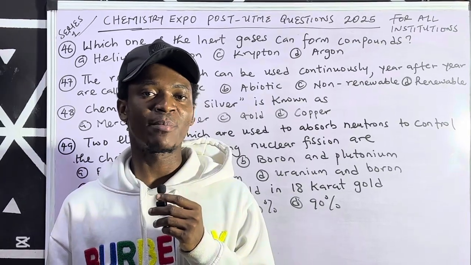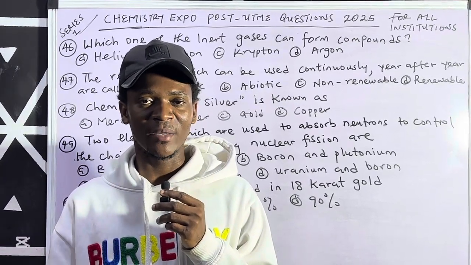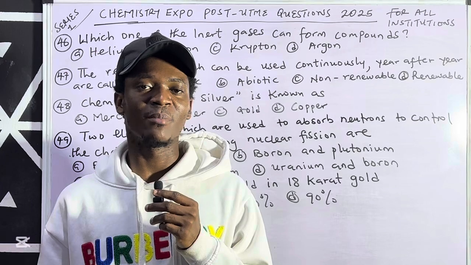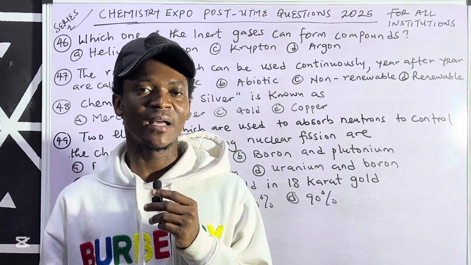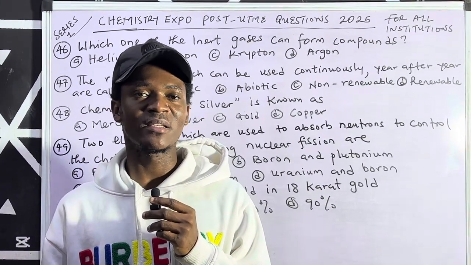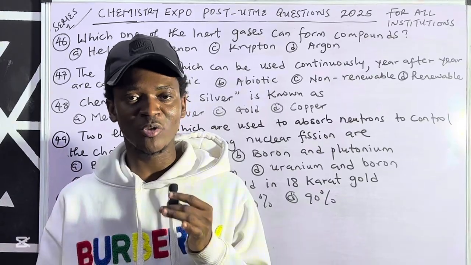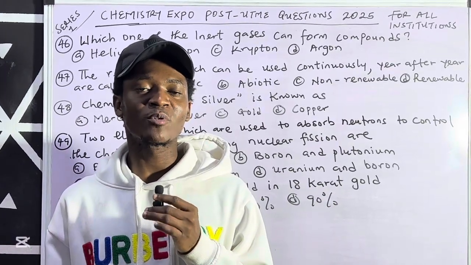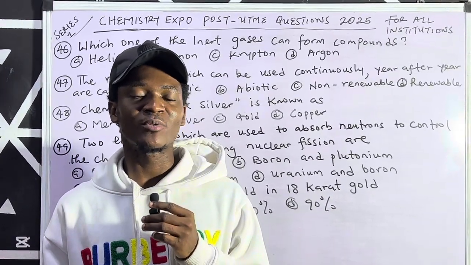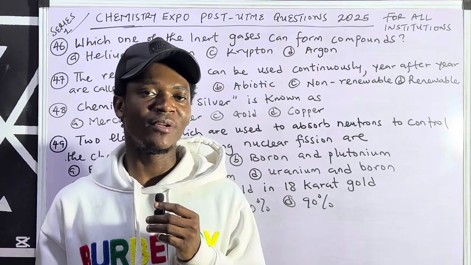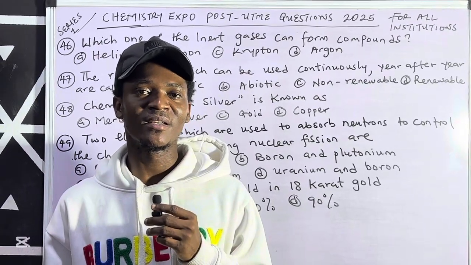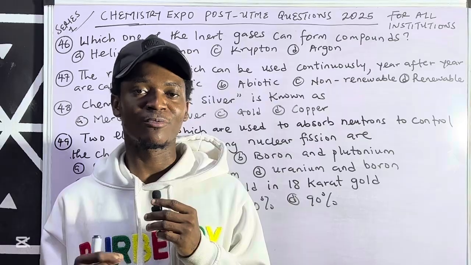But there is a particular element of the group 8, talking about the noble gases, that forms compounds, but it does not really form many compounds. It only forms compounds with highly electronegative elements like fluorine and oxygen. And there is a reason why it has to form such compounds.